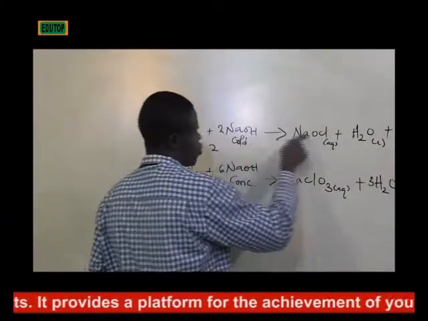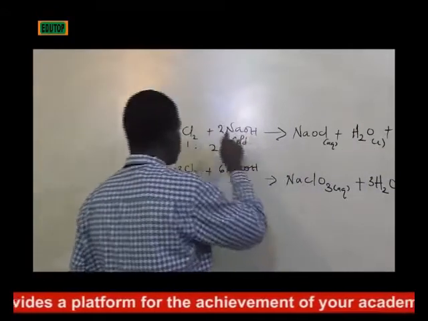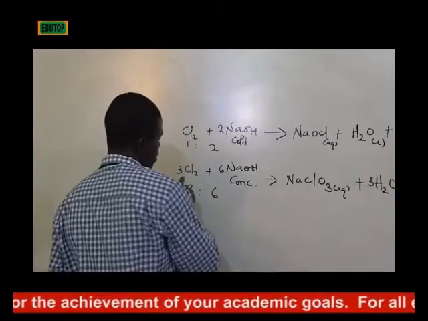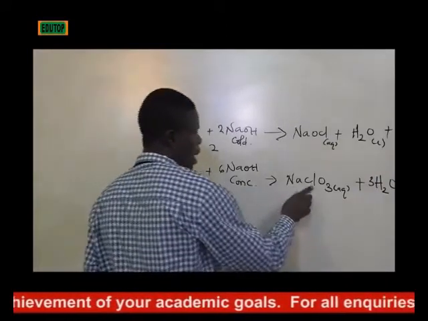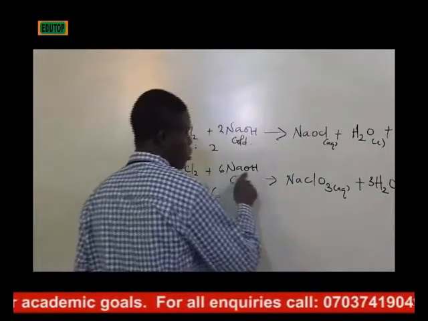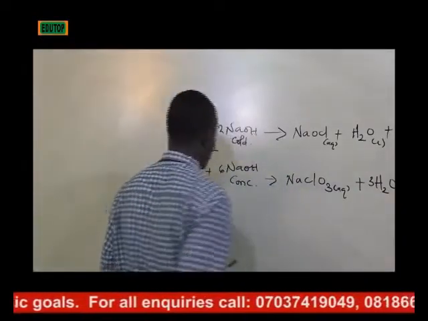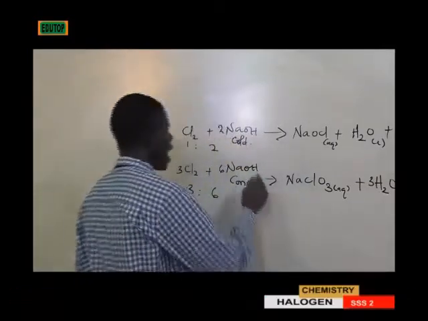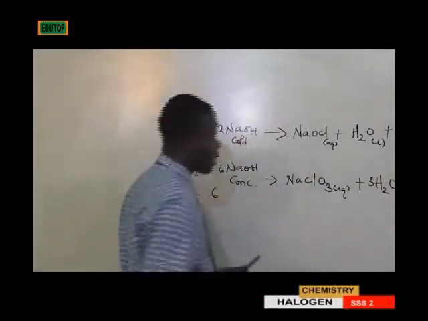Oxygen 2, 1, 2. Hydrogen 2, 2. So this one is balanced. Then in the other case, chlorine 6, 1 plus 5, 6. Sodium 6, 1 plus 5, 6. Oxygen 6, 3 plus 3, 6. And hydrogen 6, 6. So it's balanced now.